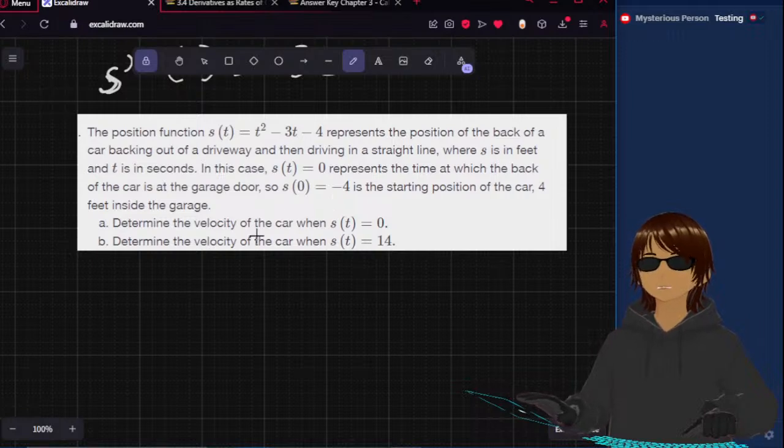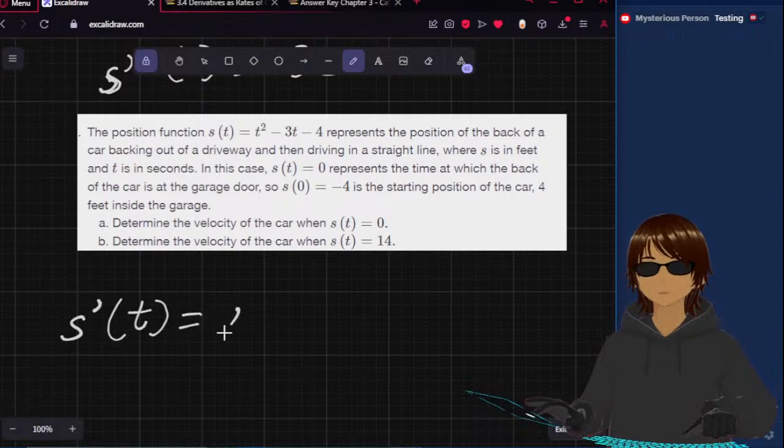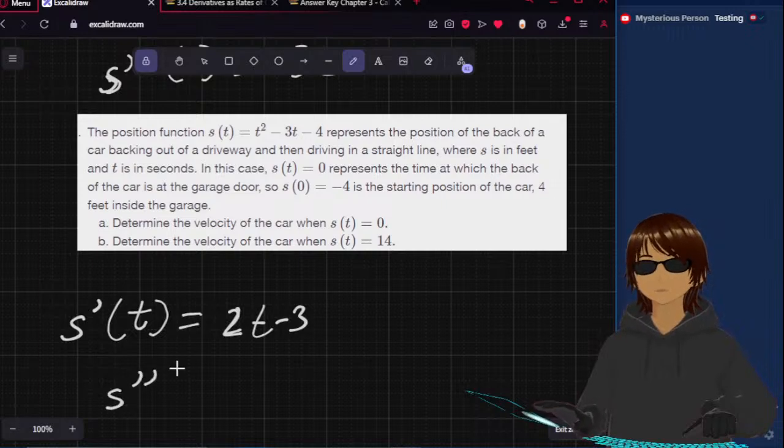Determine the velocity. Okay, so the derivative of s is 2t minus 3, and the acceleration is 2.